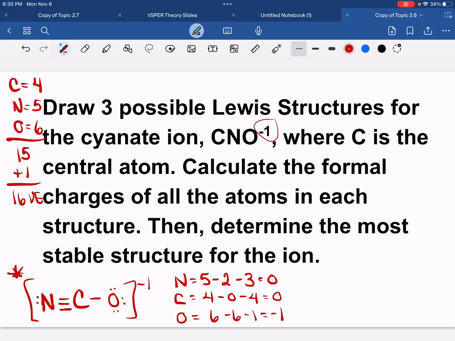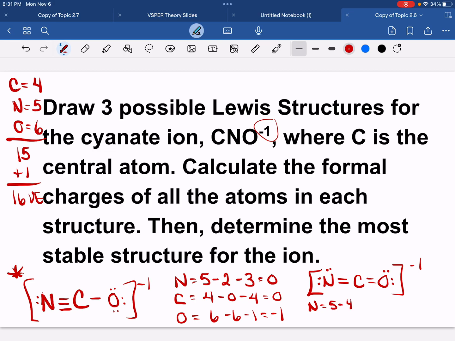Let's look at a different one and see if we could come up with something else. So what happens if we had a double bond on that side? Okay, so maybe we had a double bond on each. Double bond, 2, 4, 6, 8, 10, 12, 14, 16. Okay, let's check this out and see what happens. Nitrogen, again, is going to have 5.